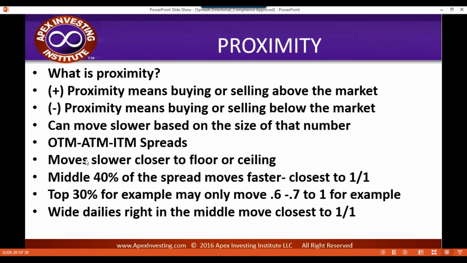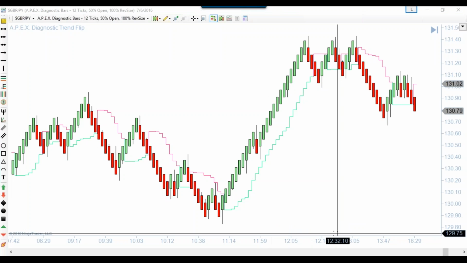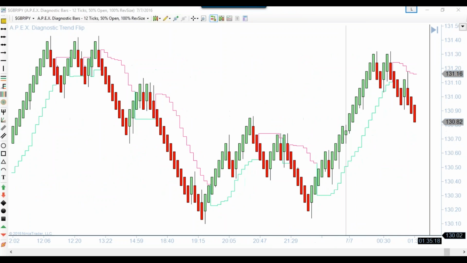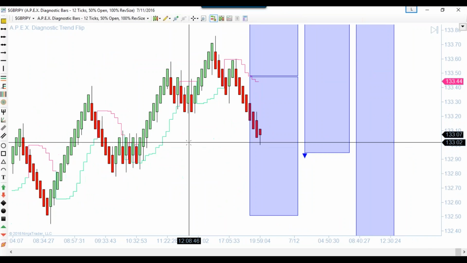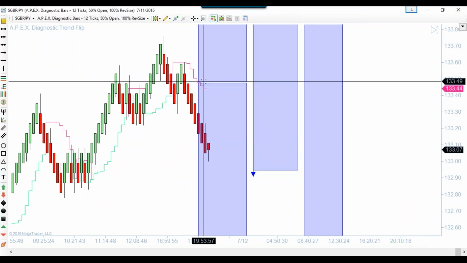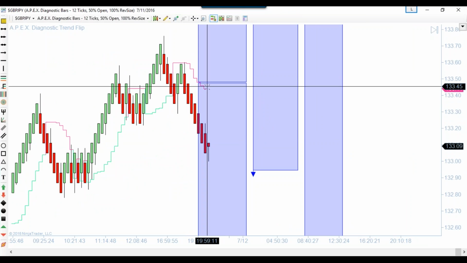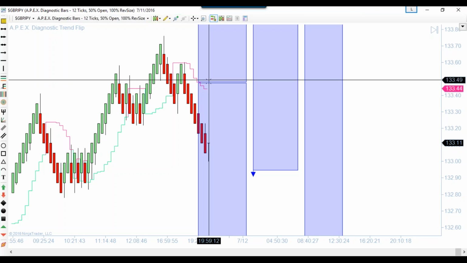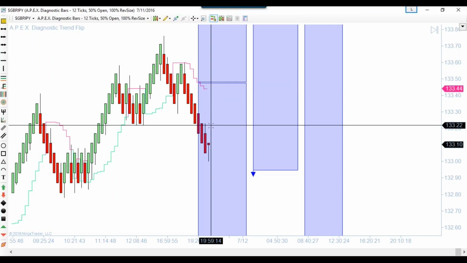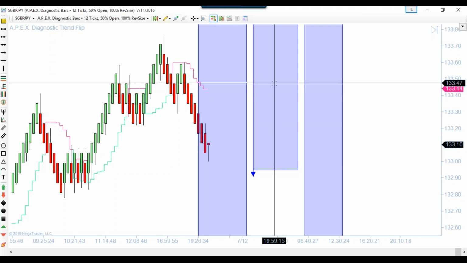Some people are asking, why would we ever choose the middle spread? Because we've got 3 different spreads to choose from. So why wouldn't we just choose one of these spreads that are right close to the floor and ceiling? That way we have a smaller amount that we have to put up. Why would we ever want to do the middle one where we've got to put up more money to get in it?